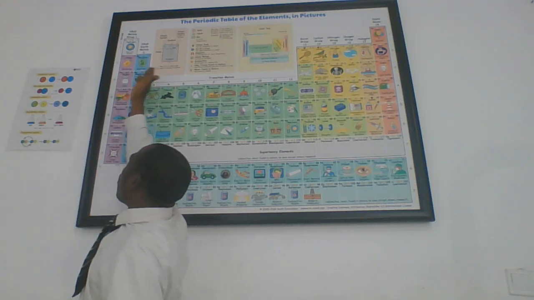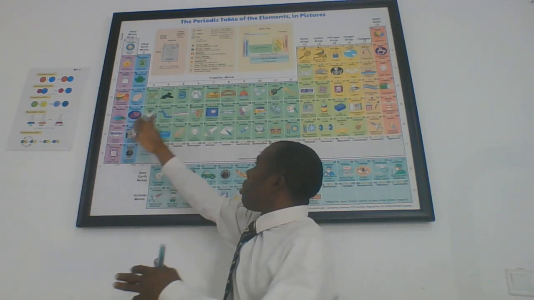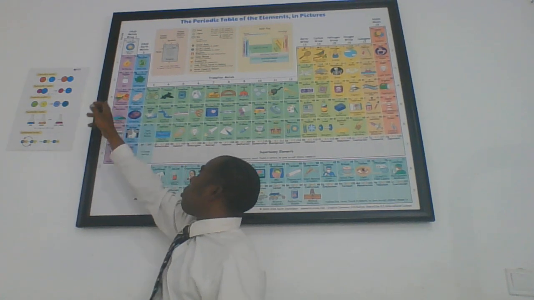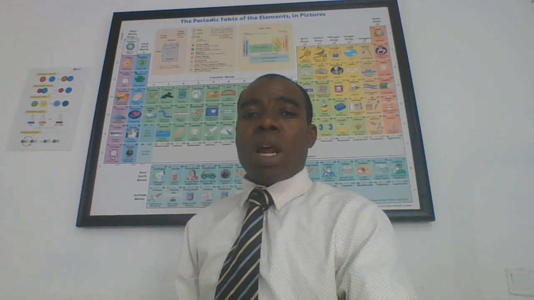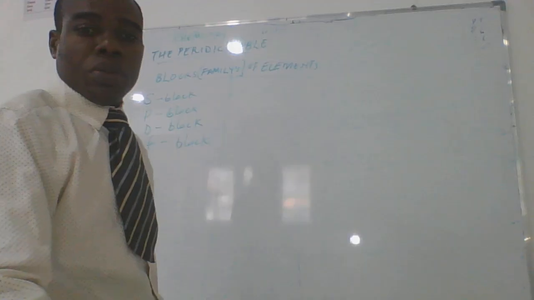We can pick any of these elements in group 1 or group 2, whether lithium, beryllium, sodium, magnesium, potassium, calcium, and so on and so forth. We can take any of them, and we write their electronic configuration to show that they actually belong to the S block. So let's go and do that now. You can pick your pen and paper and follow me as I go on in the lesson.